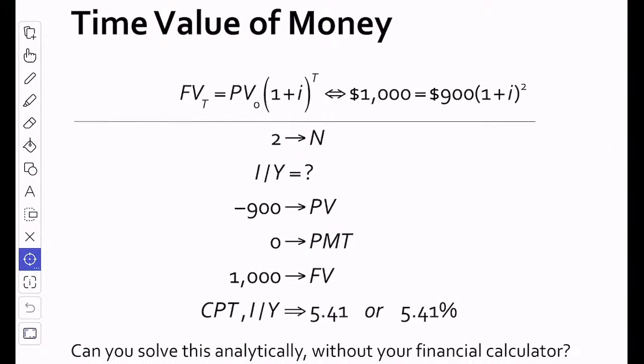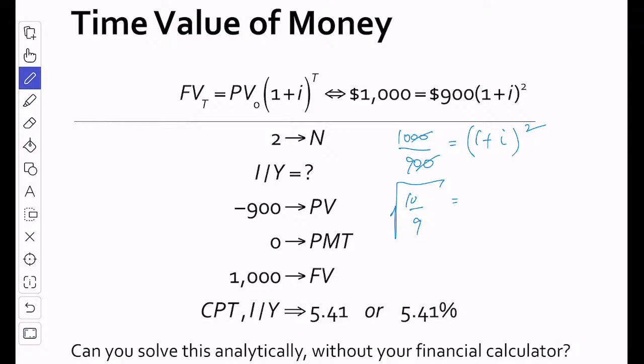Now I ask a question. Can you solve this analytically without your financial calculator? Algebraically, this is probably what you did in 3106, unless you were with me: you solved it mathematically. So you take 1,000 divided by 900 is equal to (1 plus I) squared. You do the opposite action, cancel these, and minus 1.